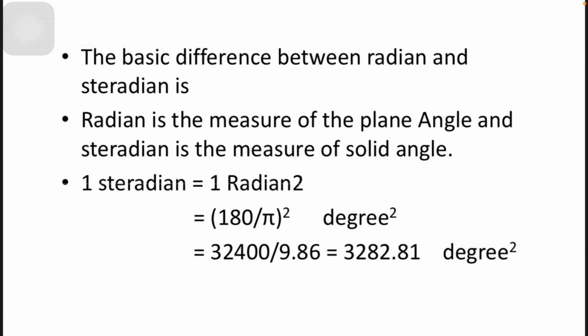The basic difference between radian and steradian is that radian is the measure of the plane angle and steradian is the measure of the solid angle. 1 steradian equals 1 radian squared, that equals 180 by pi whole squared.